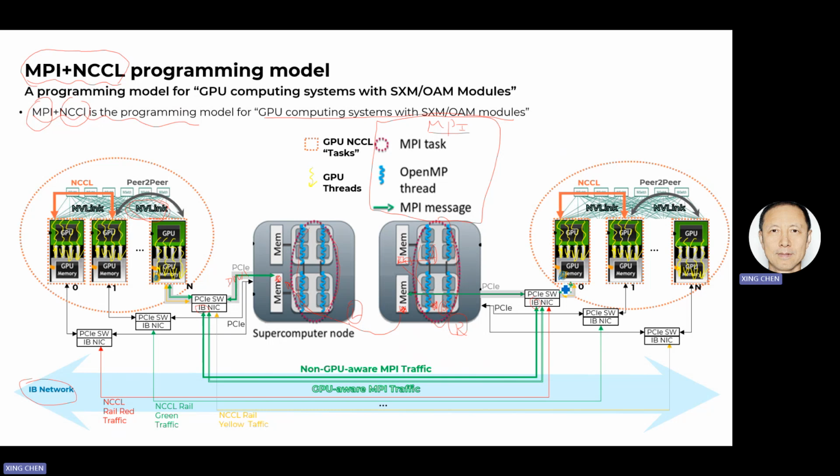So in this case, everything will be the same, except that this InfiniBand adapter needs to have DMA access to the GPU memory, and at the left-hand side, the InfiniBand adapter needs to have DMA access to the GPU memory, and only a GPU-aware MPI library can work with the GPU memory.